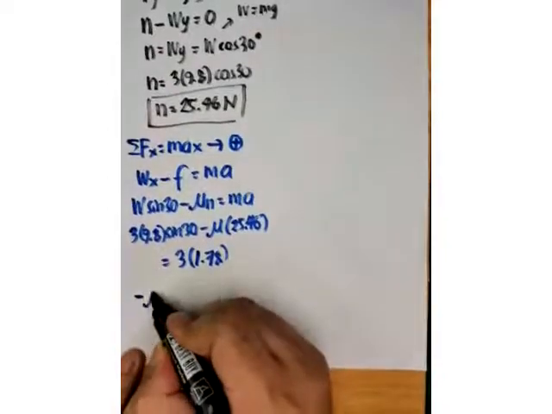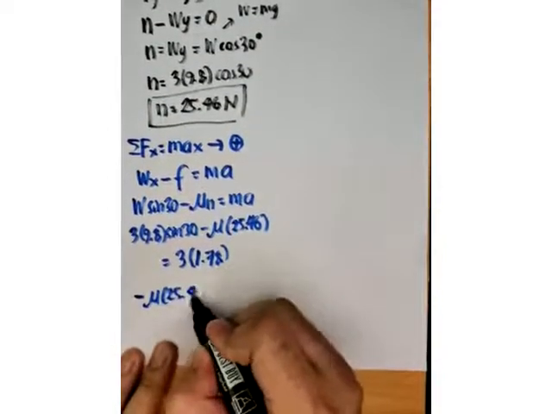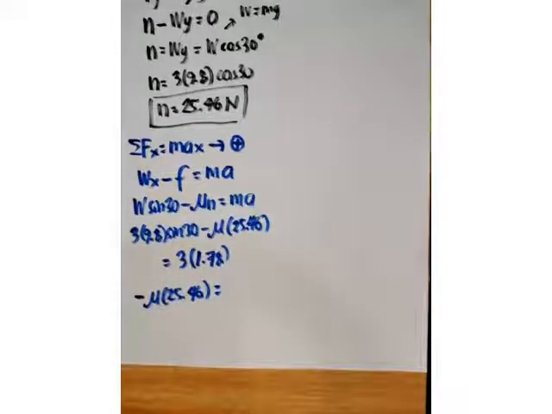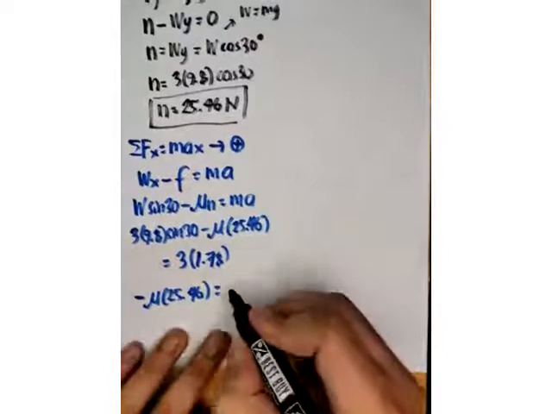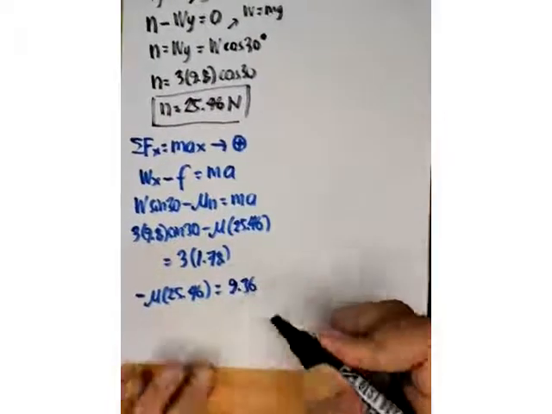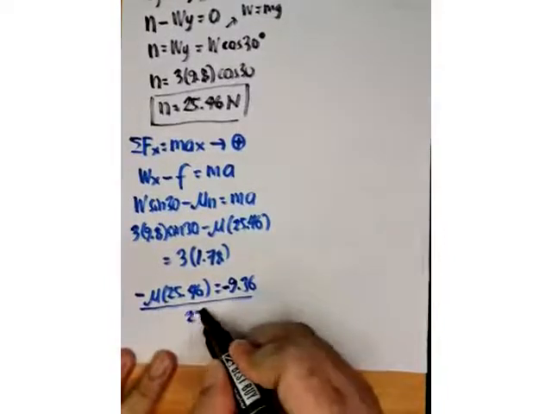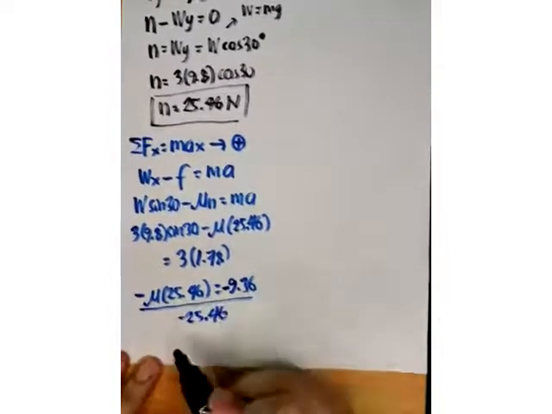So this is negative mu times 25.46 is equal to, okay, class transpose yun na rin yun. Okay. It's 9.36 Newton. Negative.